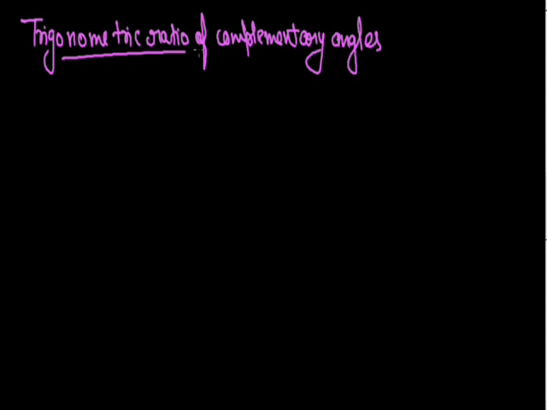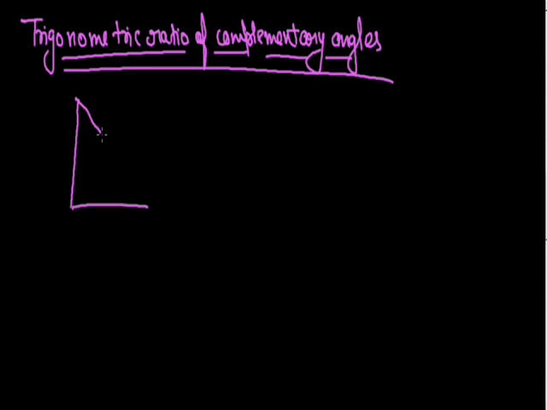For example, if you have a right angle triangle ABC in which angle B is equal to 90 degrees and angle C is equal to θ, then the side opposite to angle θ will be perpendicular, this side will be hypotenuse and this side will be base. So here we have sin θ is equal to perpendicular upon hypotenuse, that means AB upon AC.